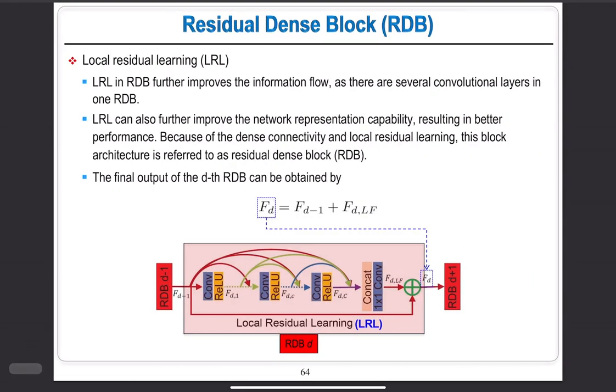And RDN also incorporates local residual learning in each RDB. While dense connection ensures that features are richly reused, local residual learning, LRL, further improves the training dynamics by allowing each block to learn a residual instead of a full transformation. And this has two benefits.